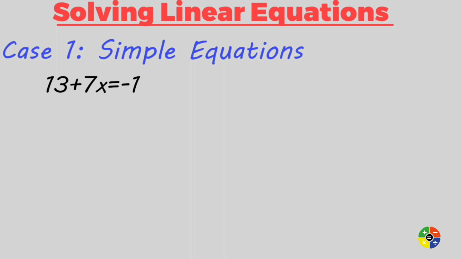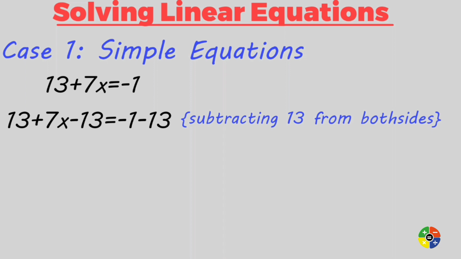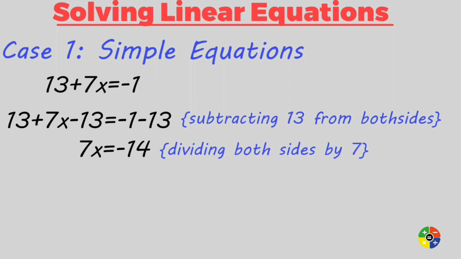Subtracting 13 from both sides, we get 13 + 7x - 13 = -1 - 13, which simplifies to 7x = -14. Finally, dividing both sides by 7 gives x = -2.